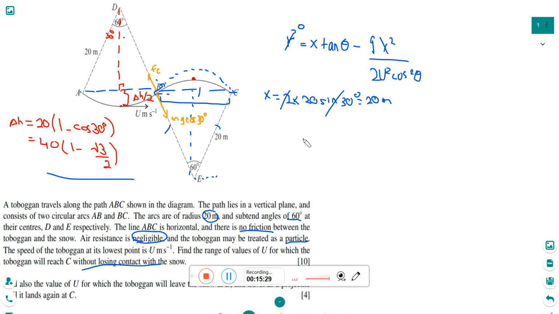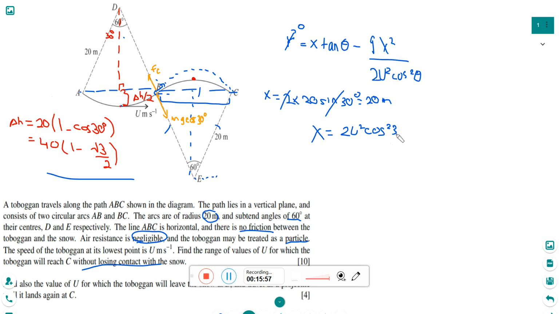Okay, we have here setting this is equal to 0, so you can say that x is equal to 2u square cosine square theta.